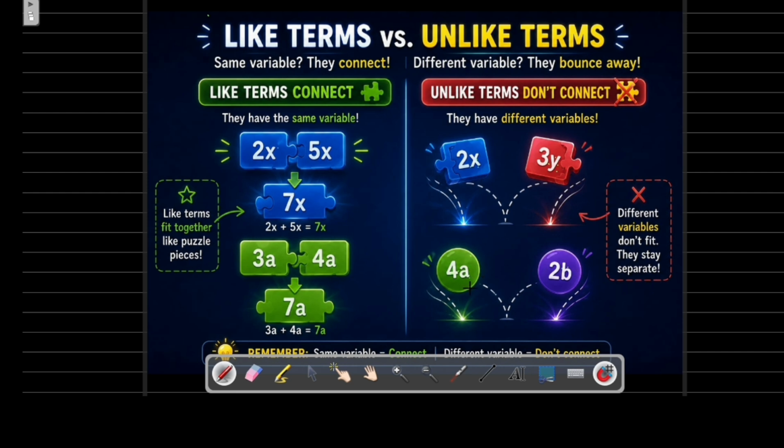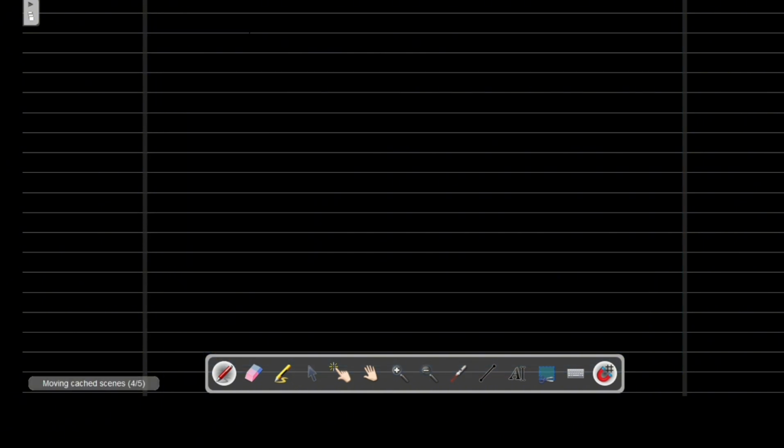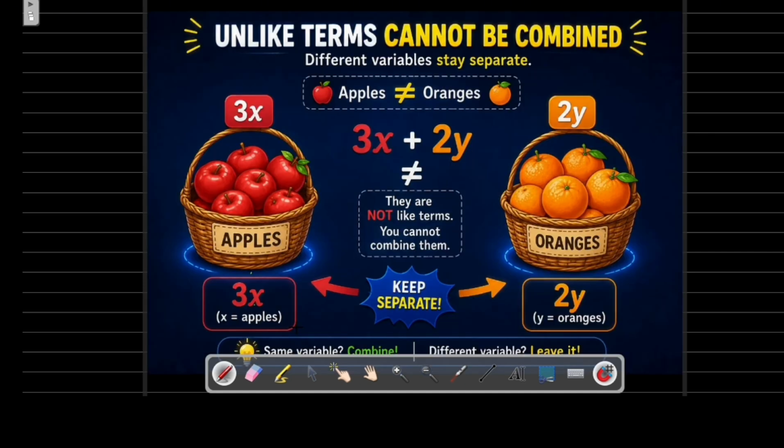Watch out, not every term can be combined. Consider if we have 2x plus 3y. These two terms cannot be added to each other because these are not like terms. So it remains the same. So now I have a question for you.